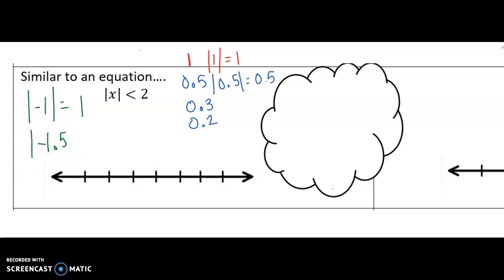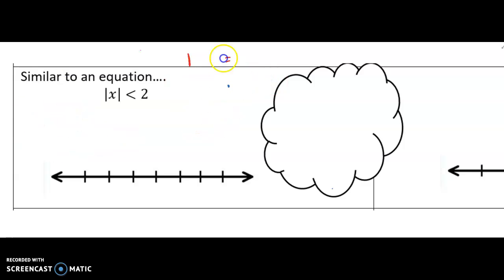The absolute value of -1.5 is 1.5. So notice that we're going to have a lot of answers, not only in the positives, but in the negatives. So if we were to think about this answer, here is 0, here is 2, and here is -2. The answer would be any number that falls between 2 and -2.